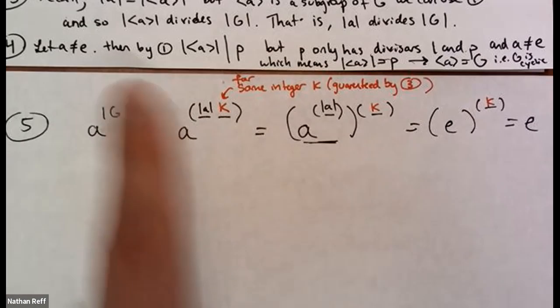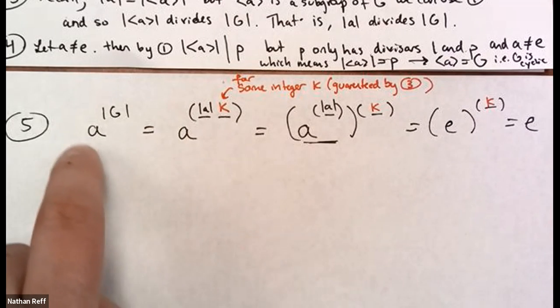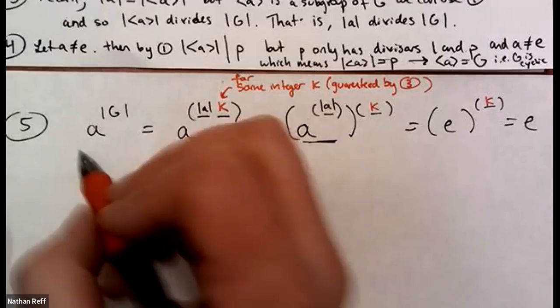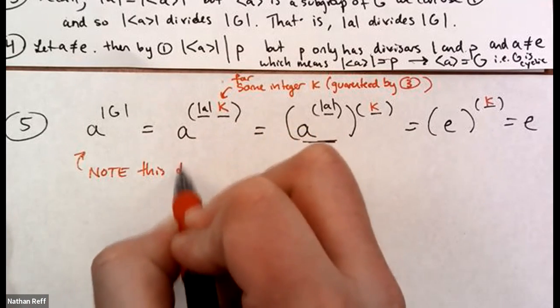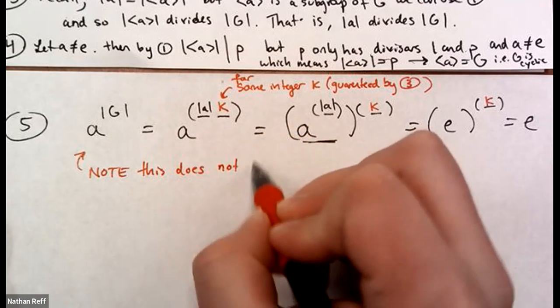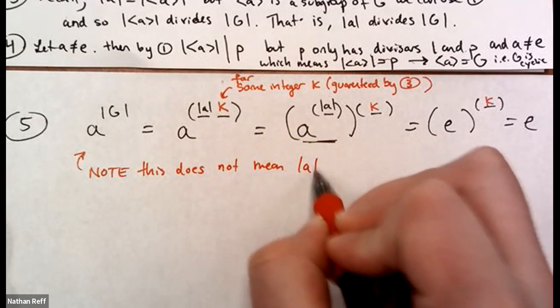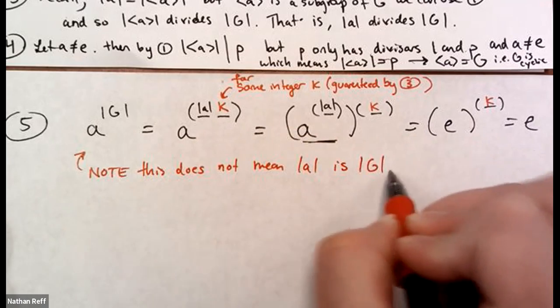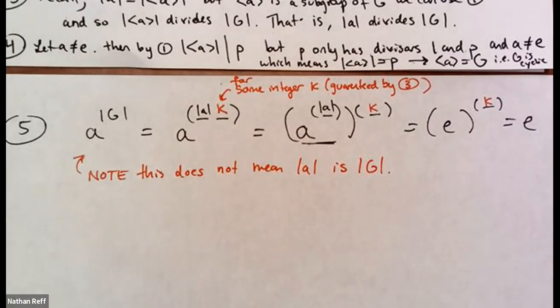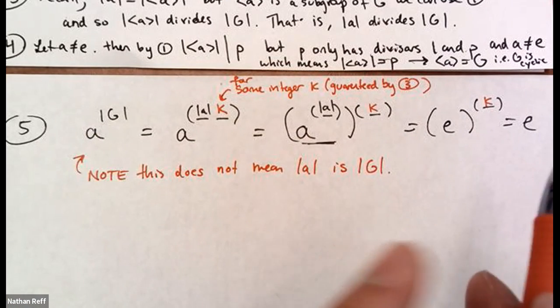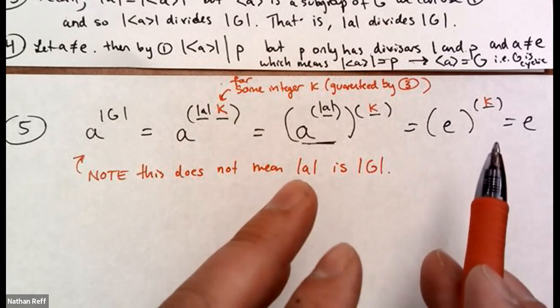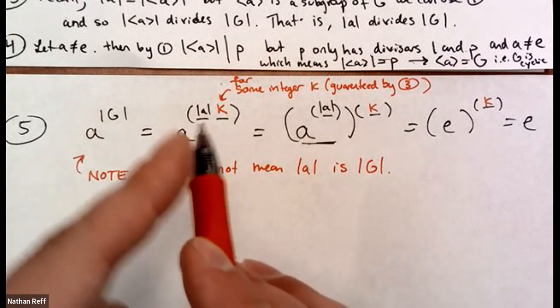Now another thing I want to point out: this does not mean the order of A is the order of G, right? Because I told you that if you take an element, raise it to the power of some number and get the identity, that does not mean it's the order of the element. It means that the order must divide that number.